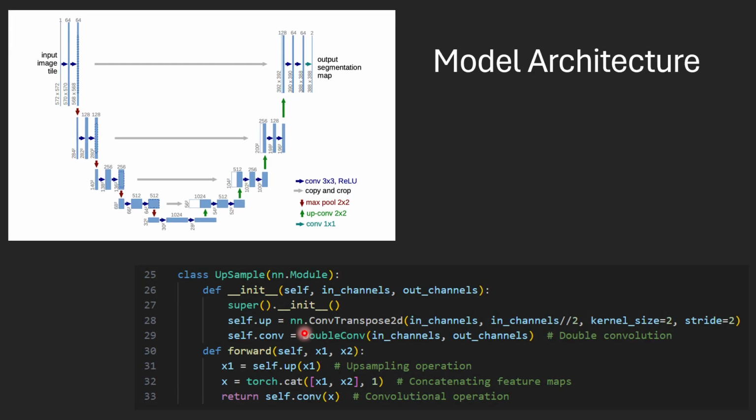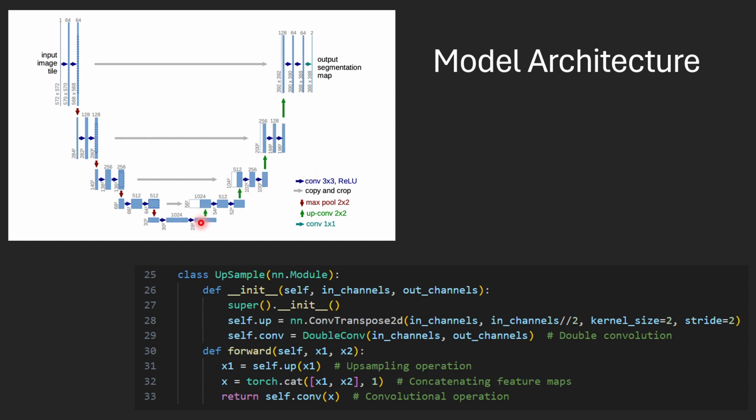Now let's go ahead and understand what is happening inside of upsample. Again, in an upsampling, the first thing that you have to do is convolution transpose, which is what we have here, and then you will follow that by a double convolution. But before doing that, you will simply concatenate the previous layer.